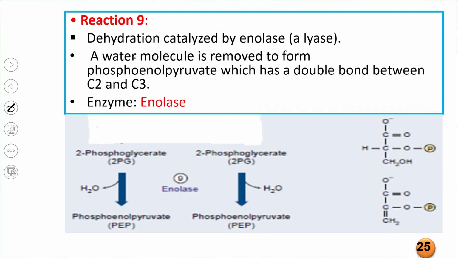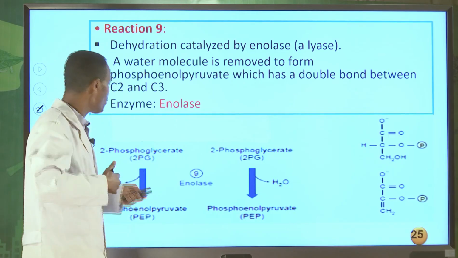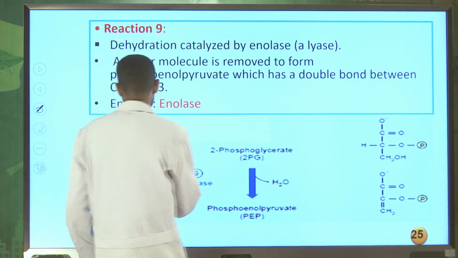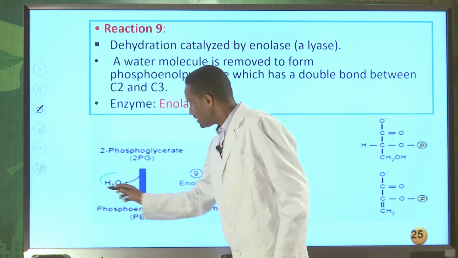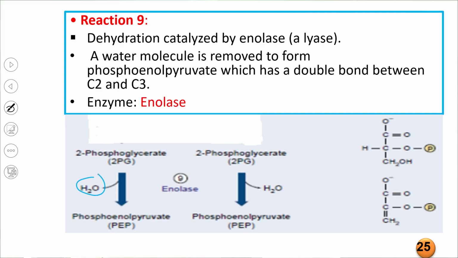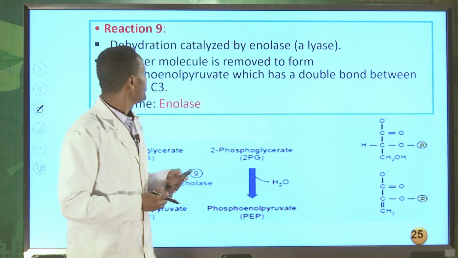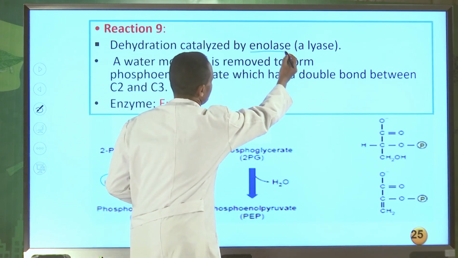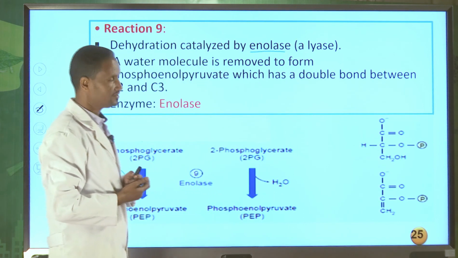Here in reaction 9, it is the stage at which dehydration takes place. That means the removal of water from the system. The water molecule is removed when 2-phosphoglycerate is converted into phosphoenolpyruvate. Therefore, in reaction 9, dehydration is catalyzed by the enzyme enolase, or lyase.